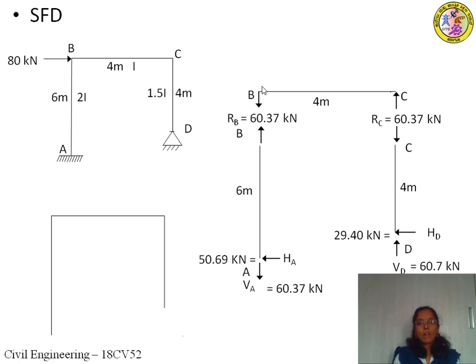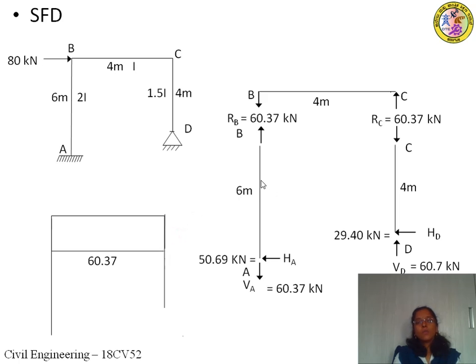Right of B, we have a downward force of 60.37, so mark it below the baseline for 60.37. From right of B to left of C, we don't have any force, therefore shear force variation will be constant. Then shear force to the right of C, we have an upward force of 60.37, therefore minus 60.37 plus 60.37 will be 0.